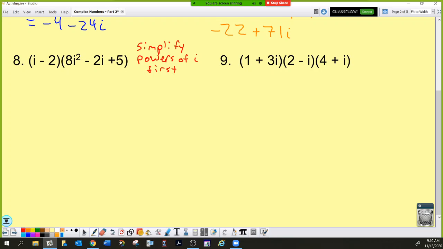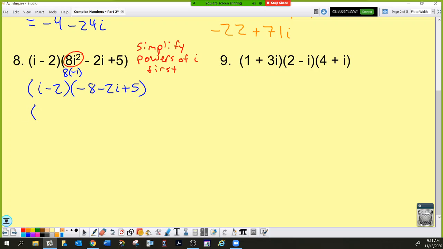So if you have powers of i, the first thing you should do is simplify that. Right here, I have i squared. And what does i squared equal? Negative 1. So what we actually have here is i minus 2 times 8 times negative 1. This is 8 times negative 1. So negative 8 minus 2i plus 5.